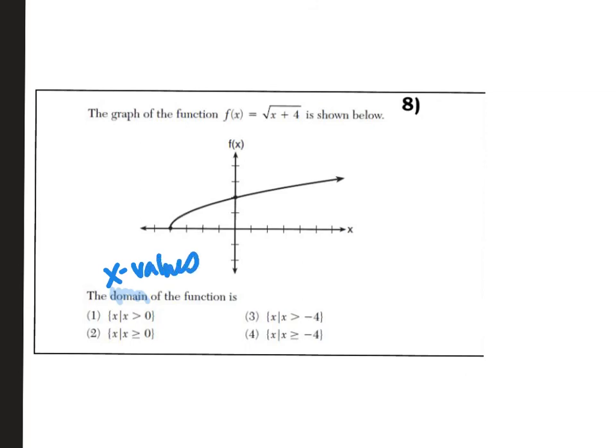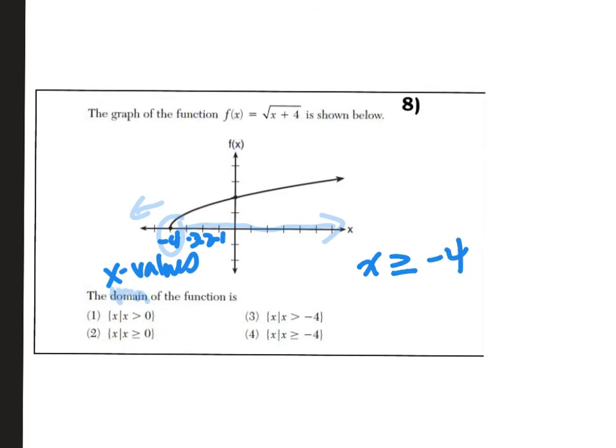And so my x values, the lowest x value that I can have is -1, -2, -3, -4. It's going to be -4, right? Because I don't see my graph extending to the left of -4. So it's all these values that are bigger than -4. And the way that I can represent that using an inequality is x is greater than or equal to -4.